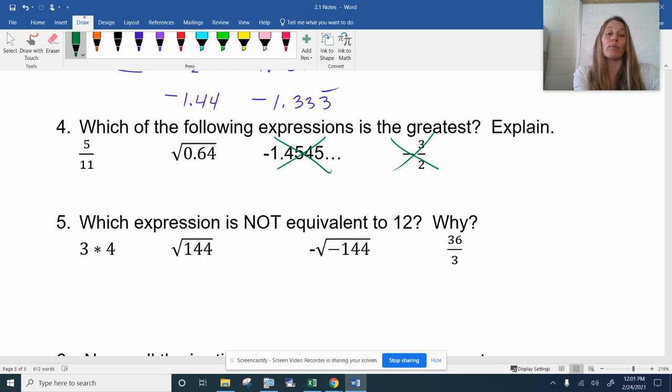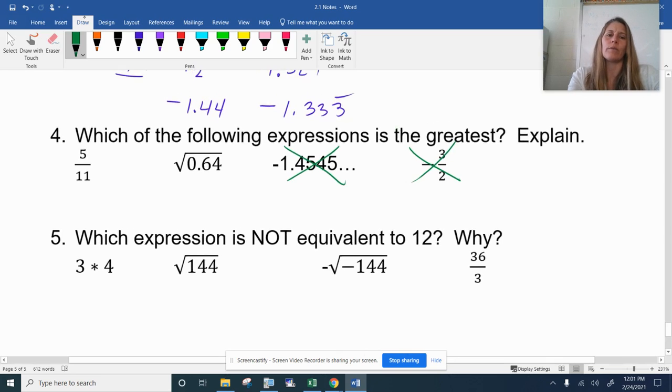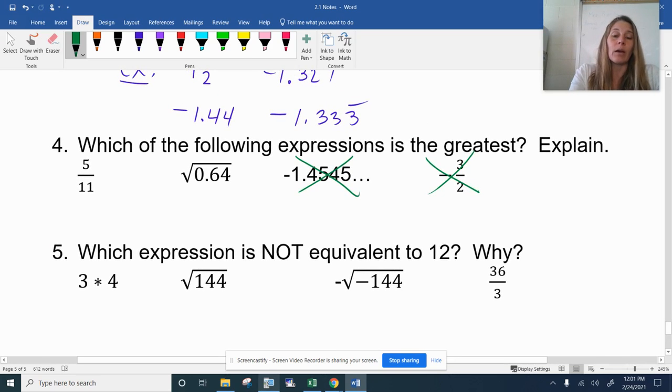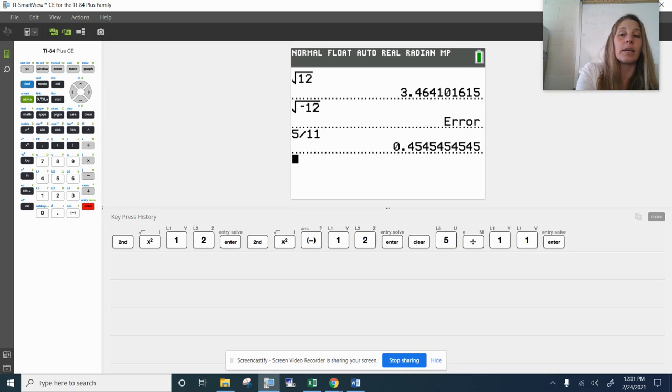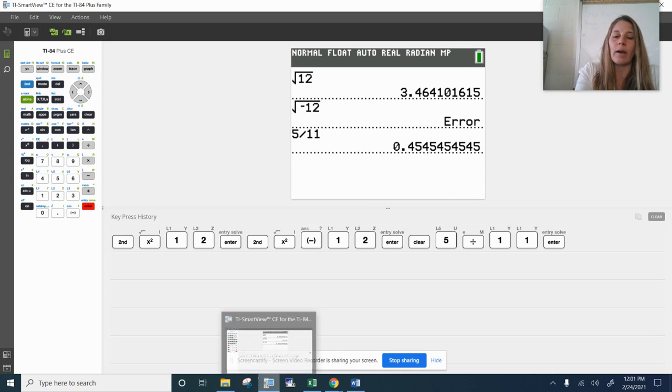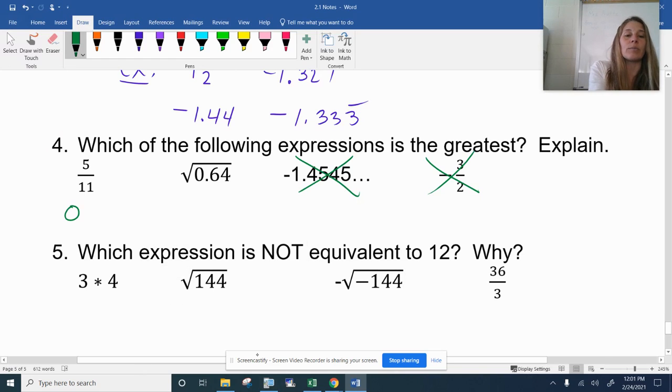Now, again, I have a radical and a fraction, and it's a little hard for me to compare them in those formats. So if I go to my calculator and I do 5 divided by 11, I can convert that to this repeating decimal. You see it's 45, 45, 45, and so on. So I'm just going to simplify it, 0.45.